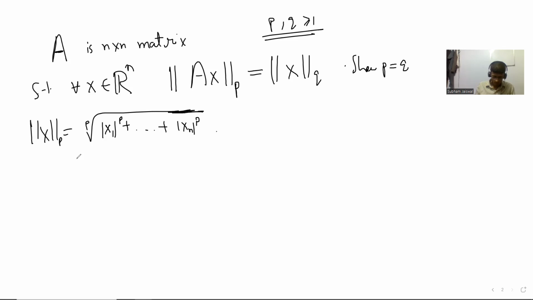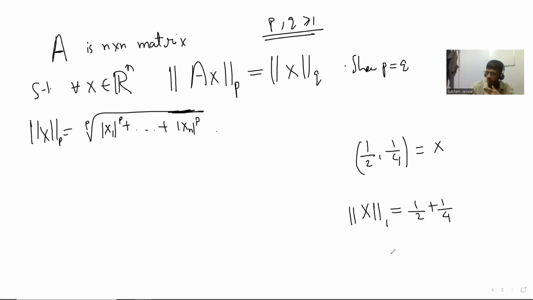The idea is about the distance. Let's take any vector, say 1 by 2 comma 1 by 4. If you take its one norm, it is just this. If you take its two norm, then it is this.